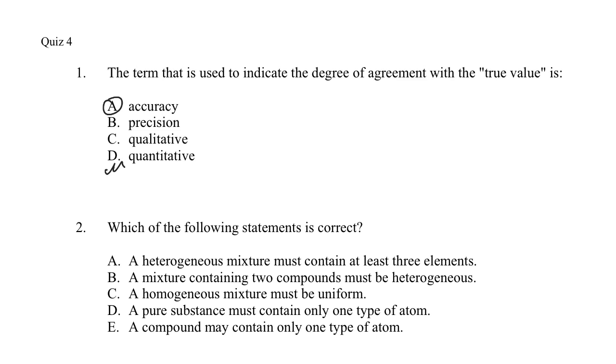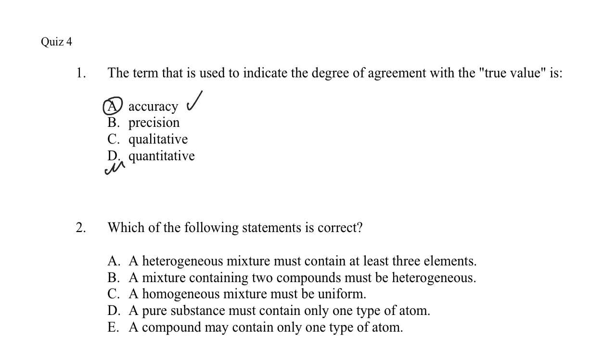True value is meant to be, for example, the mass of an object has a very specific mass, and can you repeatably and accurately measure that mass with another tool. If you do a set of experiments and establish some value for a particular quantity, that's not really the true value, that's just some experimental quantity. So quantitative is usually more of an agreement with some experimental quantity than the quote unquote true value. So this is just more of a definition of that particular word.